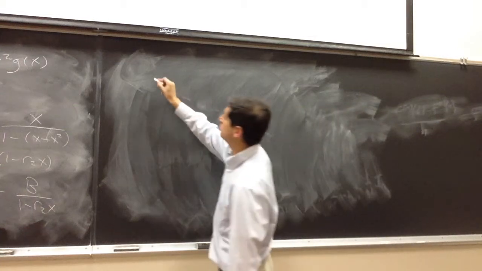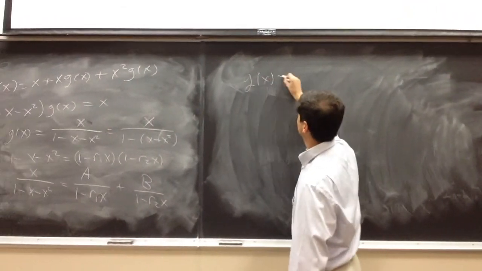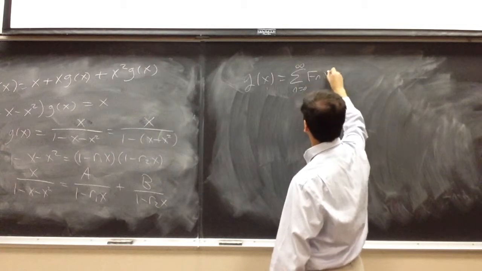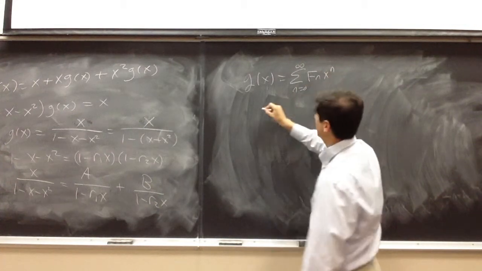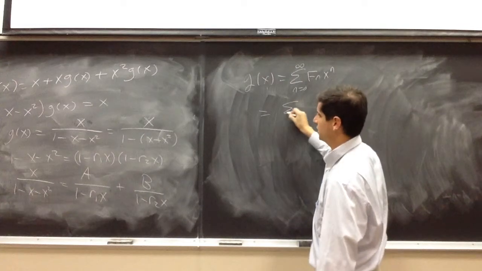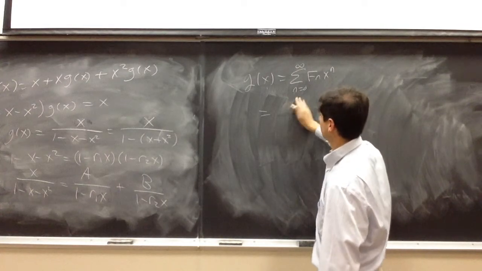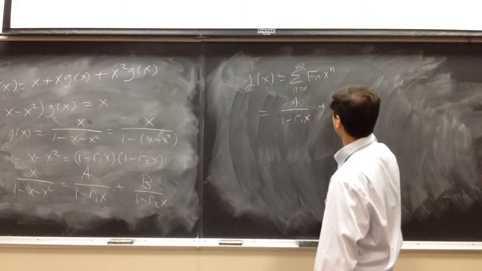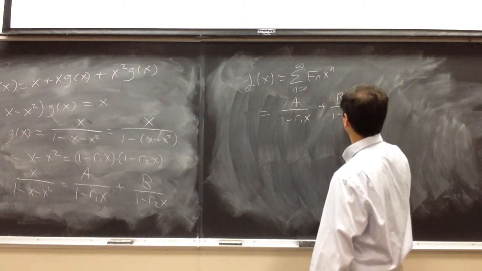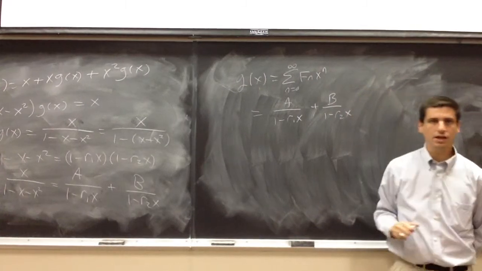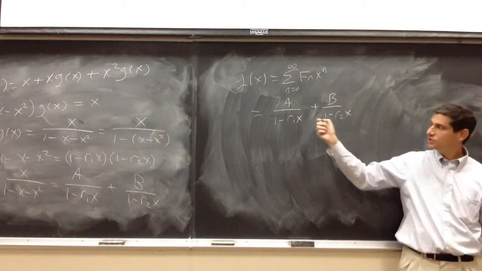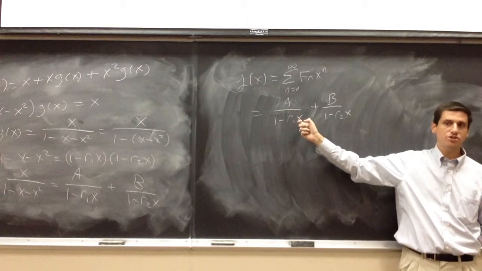And so now let's assume we have g of x is the sum, n goes from 0 to infinity, of f_n x^n. And this is also a over 1 minus r1 x plus b over 1 minus r2 x. Now we apply the geometric series. And now it's going to be really nice because it's going to be linear in x.